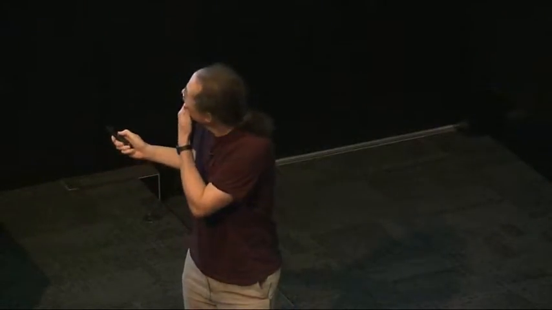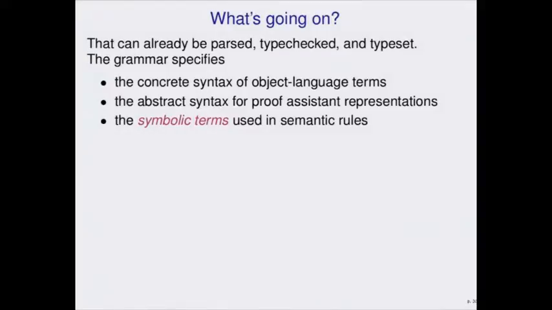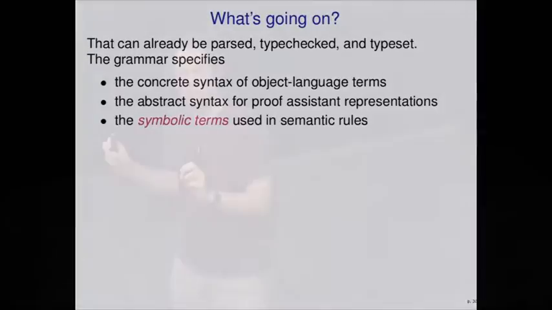Now, that's already enough for the system to parse it and type check it and give you some basic consistency checking as a consequence, which is fabulously useful. Very simple, fabulously useful.